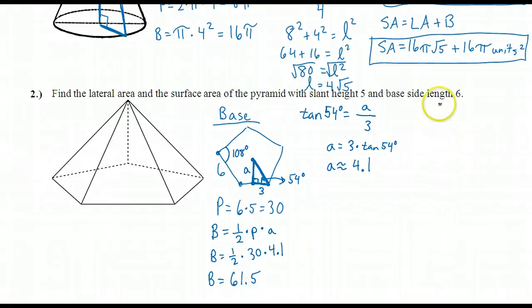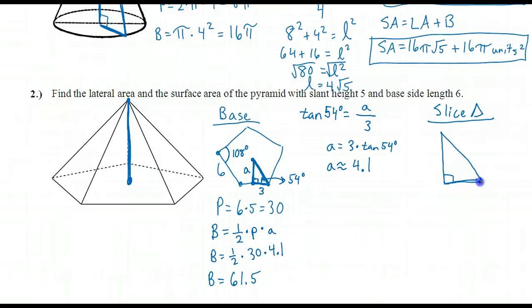Now I need to move to my slice triangle. My slice triangle is going to be a right triangle, and it's going to be made up of 3 parts. The first part is going to be the height of my pyramid.